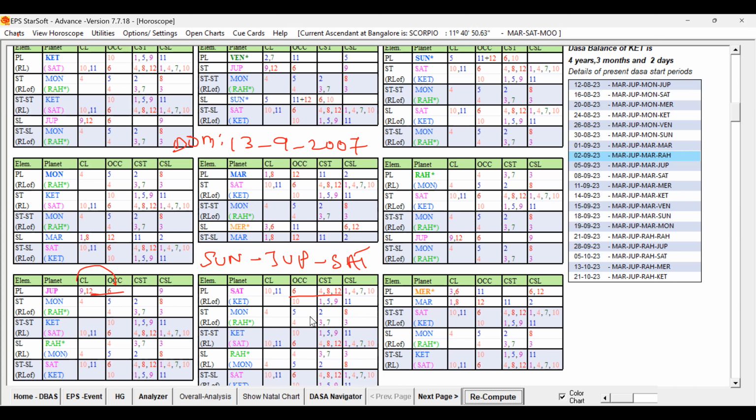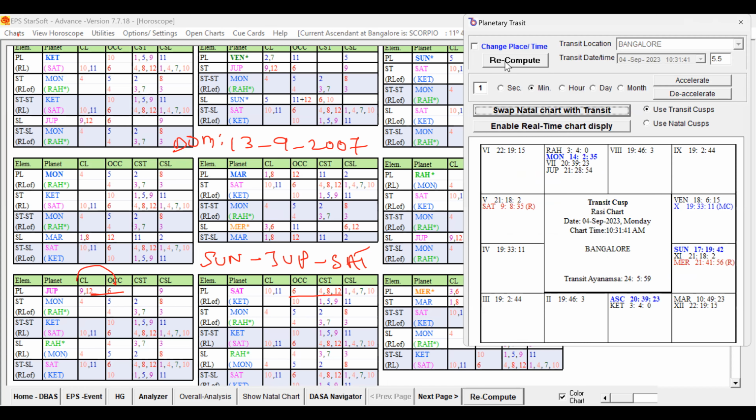With the help of the key planets, and following all the steps, we are able to identify. I think you are able to understand the difference in the method of analyzing the EPS system in finding the Dasa Bhukti periods. Okay, so now let me check the transit.